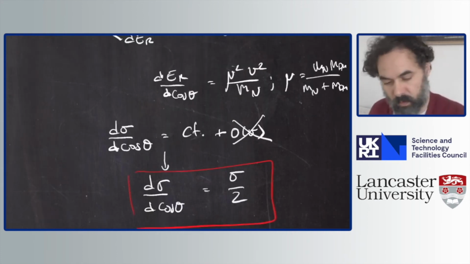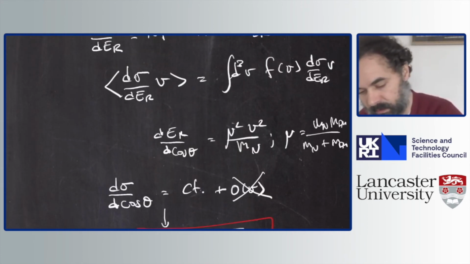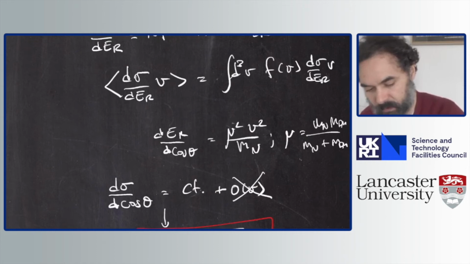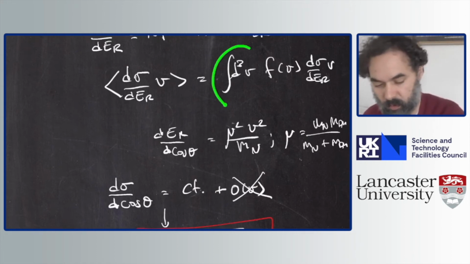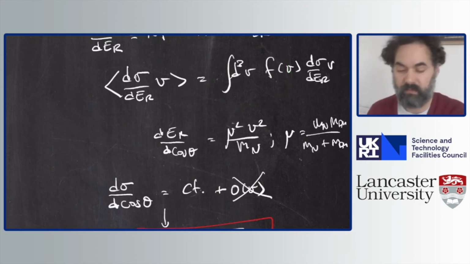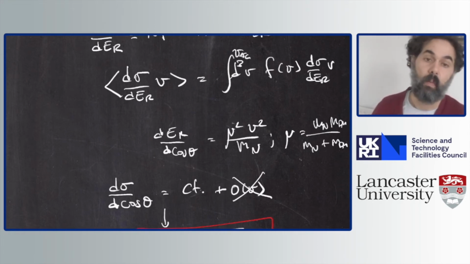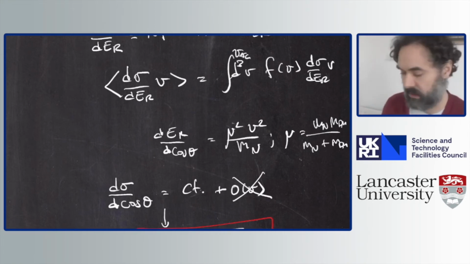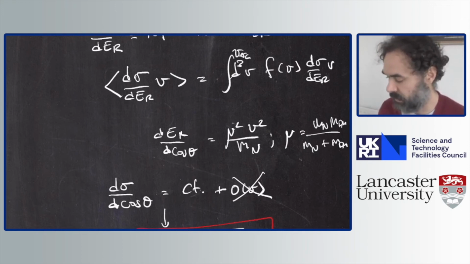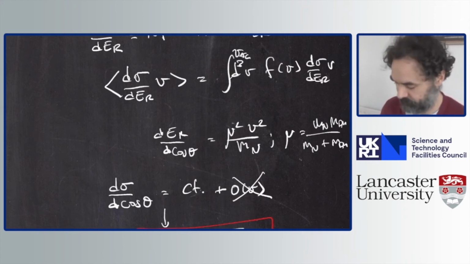What else do we want to know? Well, in this integral you don't need to integrate over all momenta, but only from some minimum velocity to the maximum, which is going to be the escape velocity. You don't have states with velocities bigger than those that can escape the dark matter halo. That's very important.